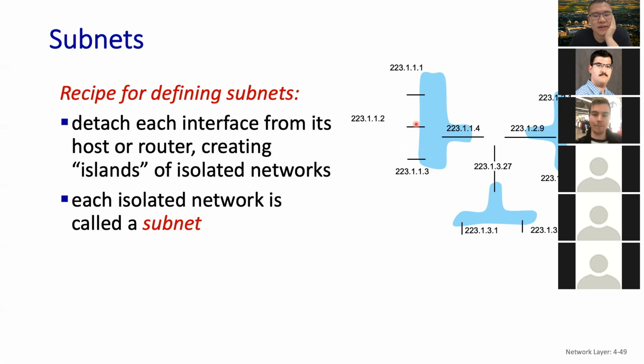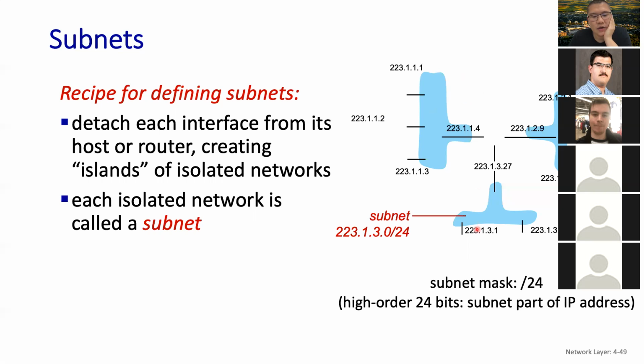I will introduce that concept later, but each isolated network is called a subnet. Let's finish the concept here. As I mentioned, there are 3 subnets in this figure. We use a new notation, 223.1.3.0/24. The new concept is the subnet mask /24.